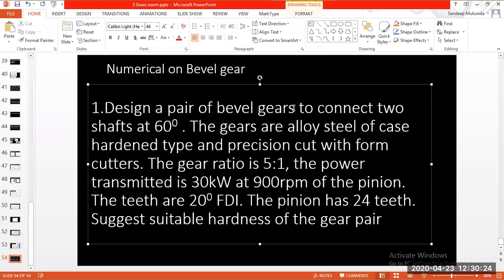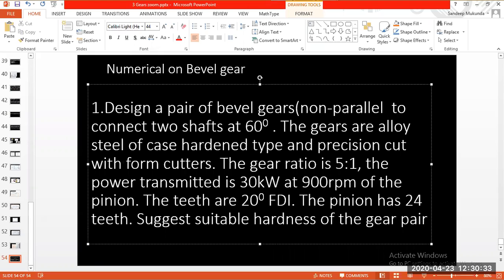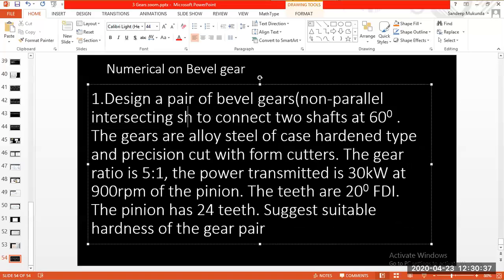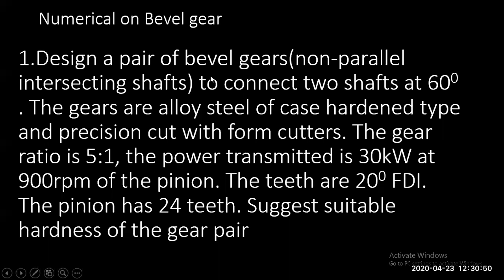So in this question, instead of bevel gears, it might be given as non-parallel and intersecting shafts. So this data may also be given. Instead of directly giving you bevel gears, we would give non-parallel intersecting shafts.